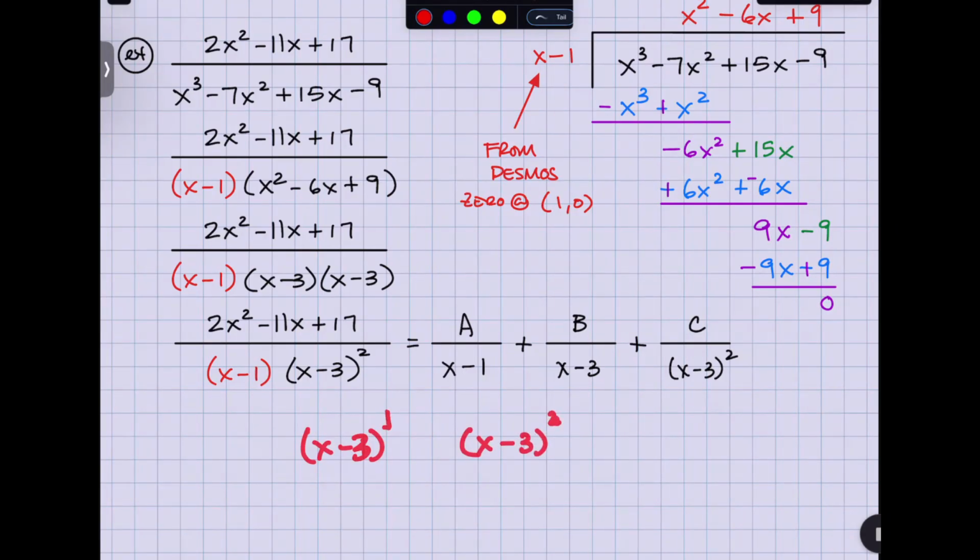If it was the third power, then I got to write another one to the third power as well. So always write from the first power to the second power all the way to whatever that power is given as. But if it's only to the first power, it's just 1. So essentially, whatever the power is is how many terms you have to write. If it's to the third power, that means you got to write 3 terms: 1 to the first, 1 to the second, 1 to the third. Okay?